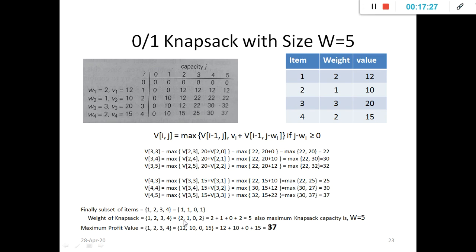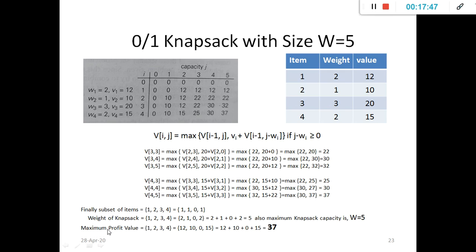Item 1 is included and its weight is 1, item 2 is included, its weight is 1, object 3 is not included, that's why weight is 0, and object 4 is included, its weight is 2. So 1 plus 1 plus 0 plus 2 is equal to 5, and 5 satisfies the maximum knapsack capacity, W equal to 5.